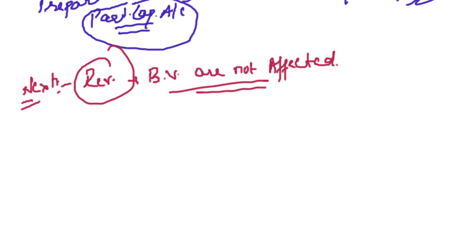The assets and liabilities in the new balance sheet are to appear at book value only, but we have to revalue our assets and liabilities. Otherwise, the new partner will be at advantageous position. Then how to treat that? How we will be treating any profit on the revaluation of assets and liabilities if the book values are to be not affected? This we will see in the next lecture.